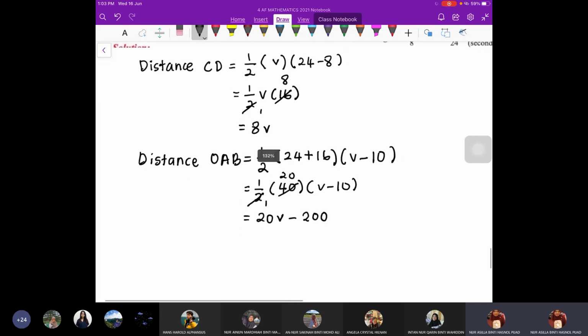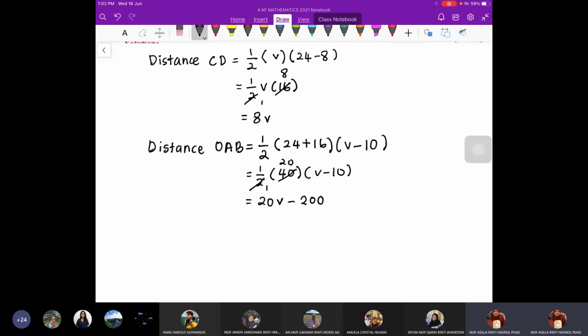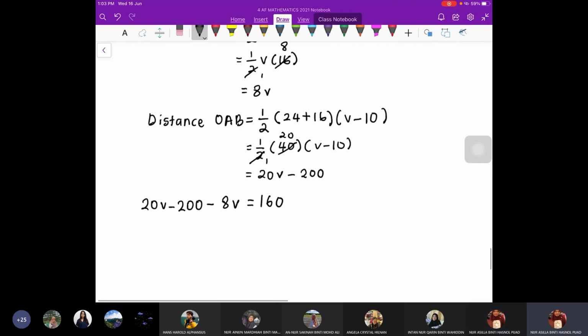Okay, saya expand. Lepas tu tolak, 20V minus 200 minus 8V equals to 160. Okay, 20V tolak 8V adalah 12V. And then saya plus 200.